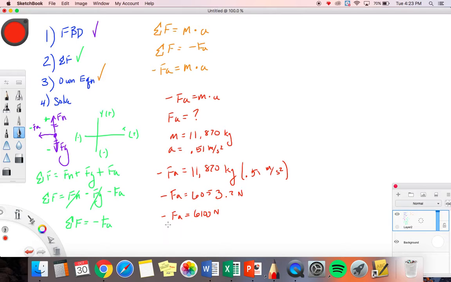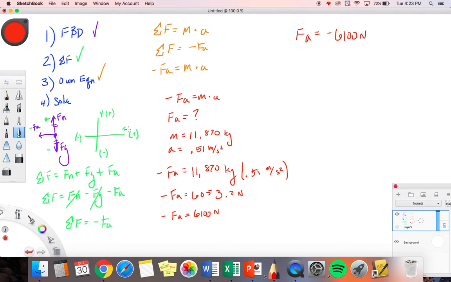Now, the only thing left is that you don't want a negative force applied. The force applied itself is not negative. The value of the force is negative. So I'm going to switch it. I'm going to say that force applied is equal to negative 6,100 newtons. And there's one more issue. Negative can be one of two things. Negative is either going to be going downwards on our problem, or it is going to be going to the left on our problem.